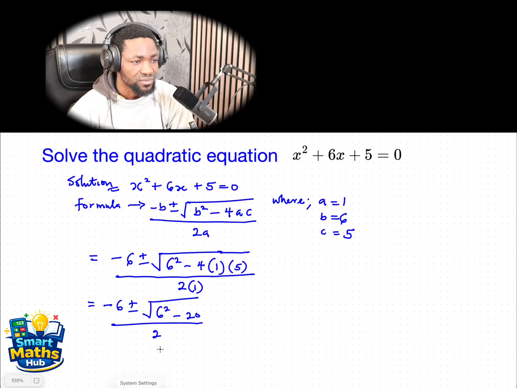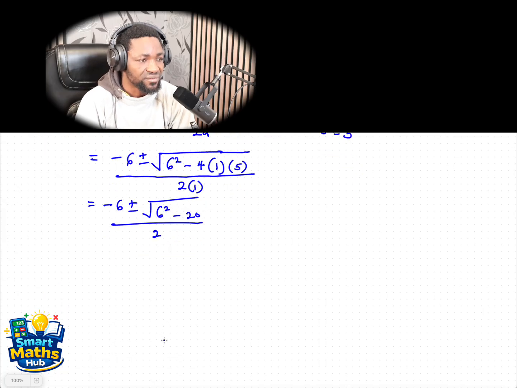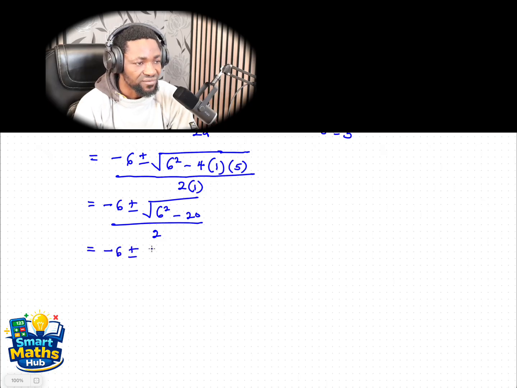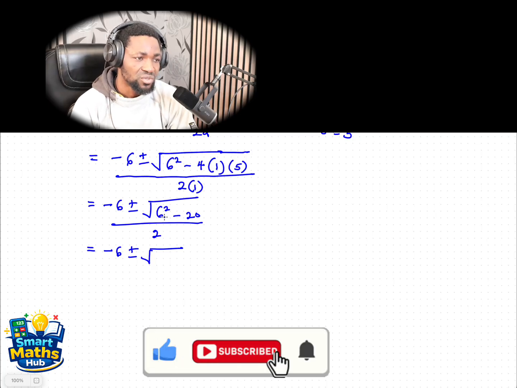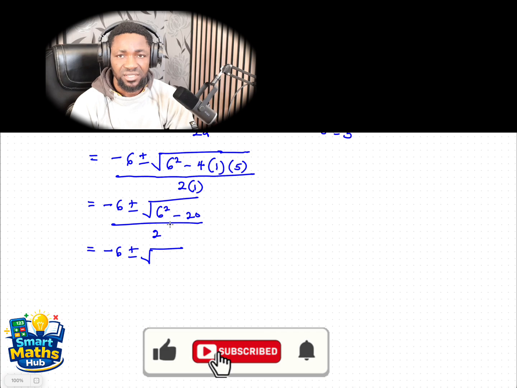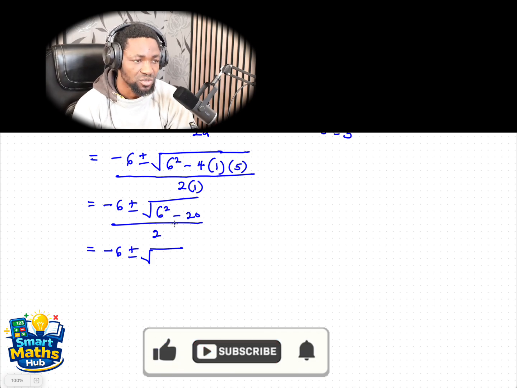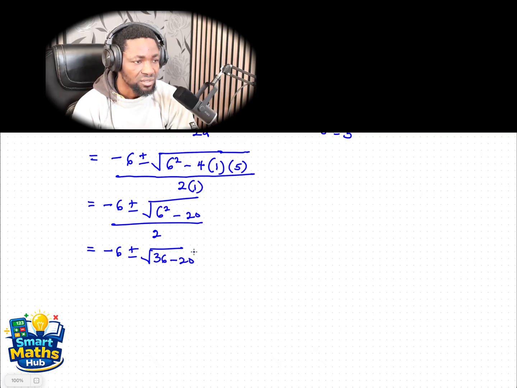So we have minus 6 plus or minus square root of 6 raised to power 2, meaning 6 times 6, which is 36, minus 20, everything over 2.